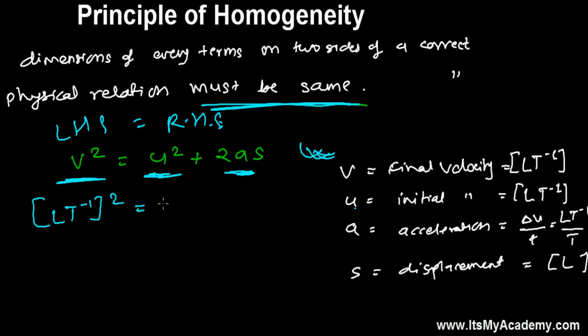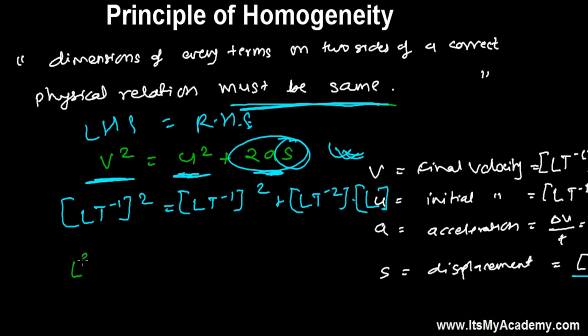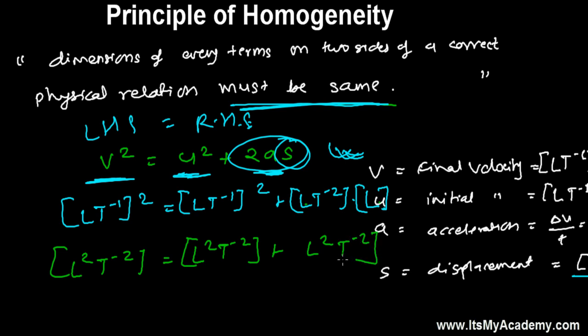Similarly, u has LT^-1, so squared, and plus 2as. 2 is a constant, so it has no dimension. Acceleration is LT^-2 and displacement is just L, so it's going to be L squared T^-2, and here also L squared T^-2, and here also L times L, it's L squared and T^-2.